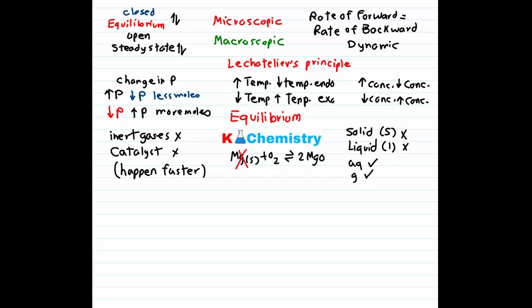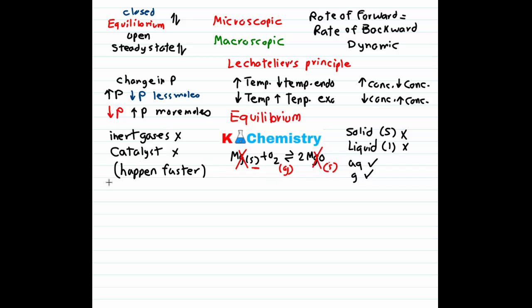Don't count this magnesium because it is solid, and solid is not counted. Only count the gases. This is also solid. So there is only 1 mole on the left side, and 0 moles on the right side.